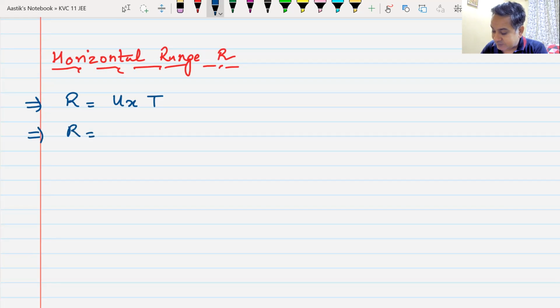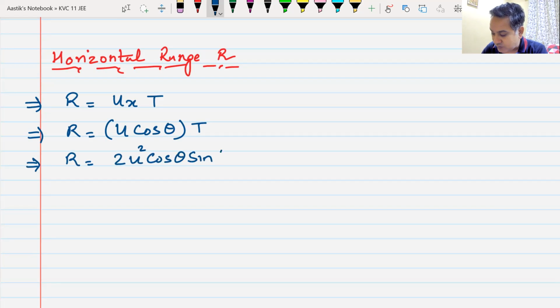I can write it as u cos theta, which is the horizontal component of velocity, multiplied by t. I can put the value of t and write it as 2u cos theta into u sin theta. So it becomes 2u square sin theta cos theta by g.